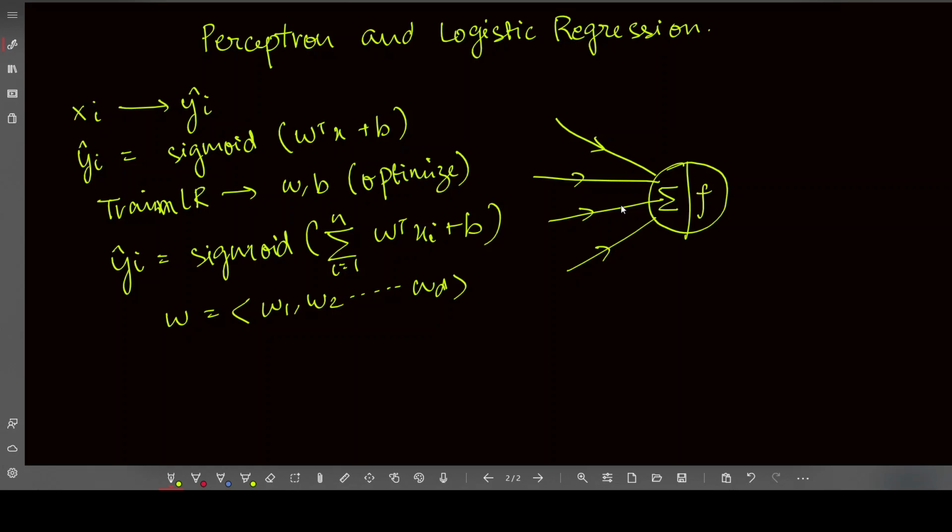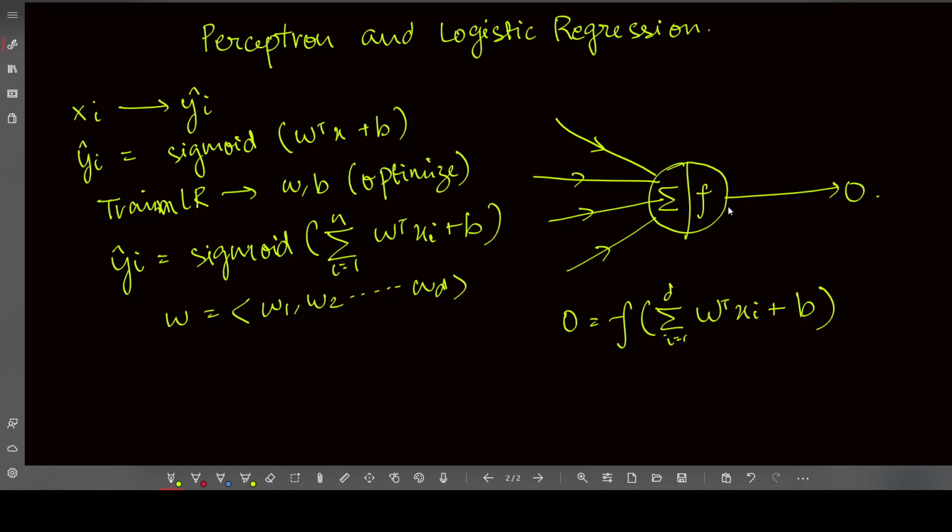The sum of all of these inputs, you put it into a function, and that's how you get an output from this perceptron. This is how a perceptron is, right? We discussed this. This is how a neuron is in a neural net. So the output here is given by f of sigma i equals 1 to d w transpose xi plus b, right? So this is a perceptron.